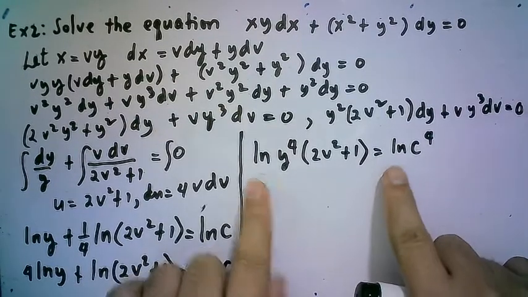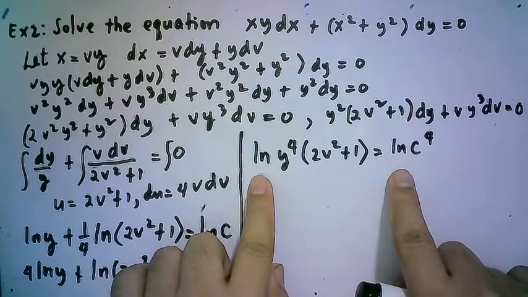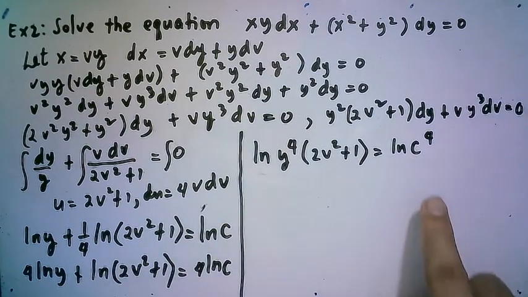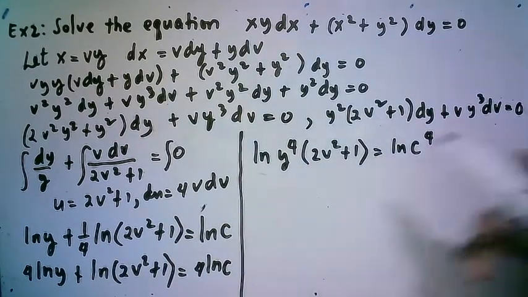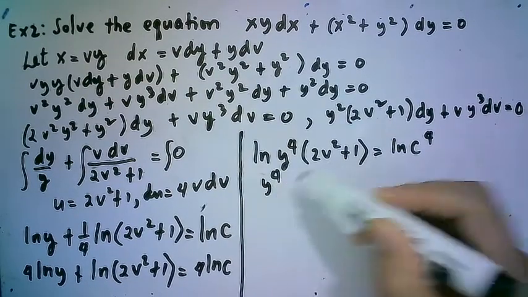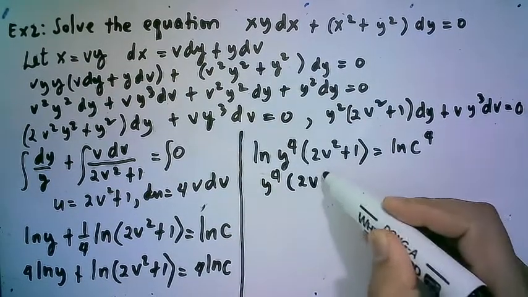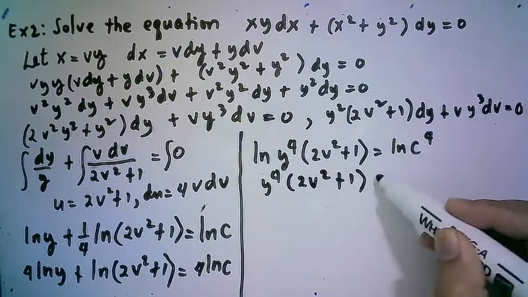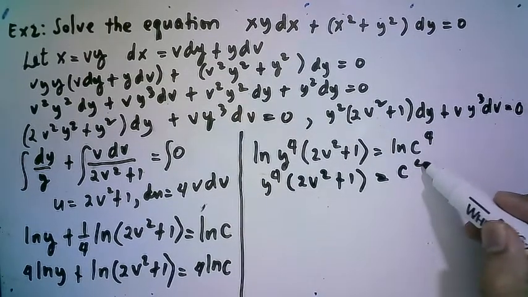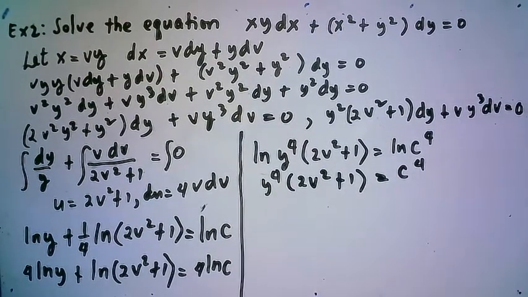So we will cancel ln on both sides. What remains here is y to the fourth times 2v squared plus 1 equals c raised to 4.